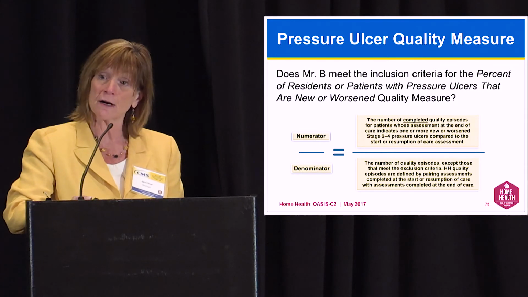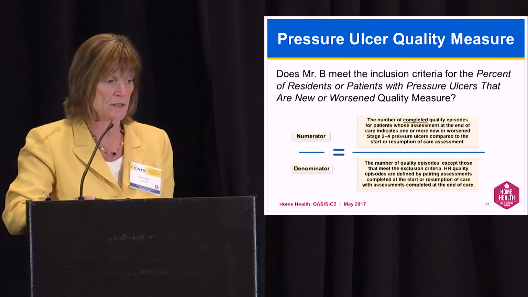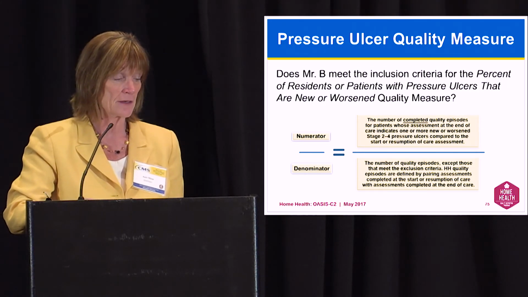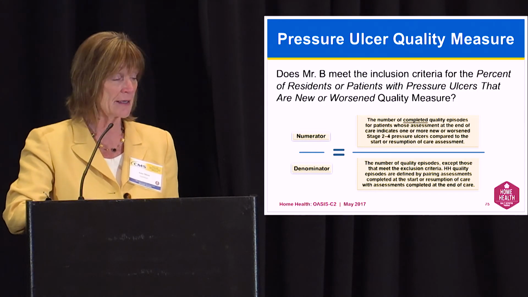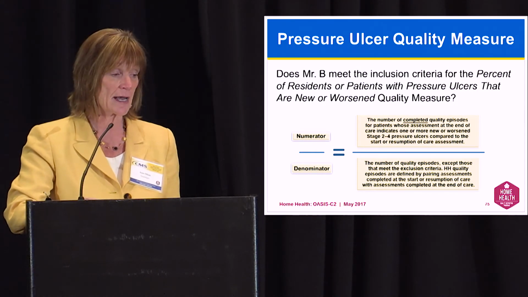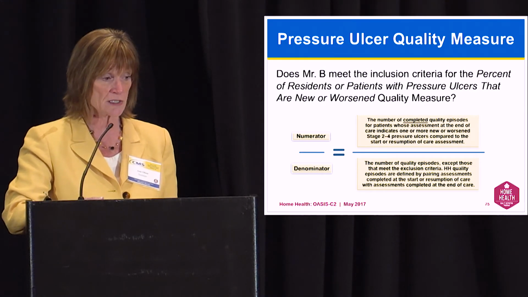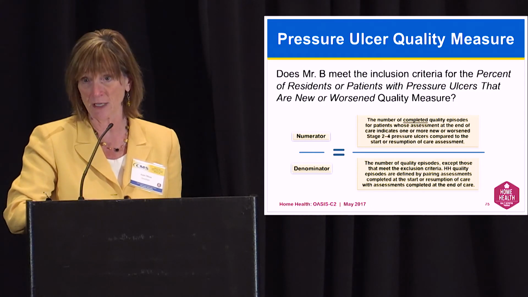And then that would be over the denominator, which would be the number of quality episodes, except those that met the exclusion criteria. And the home health quality episodes are defined by pairing the assessments, as Kathy had outlined, completed at the start of care or resumption of care, paired with an assessment completed at the end of care.